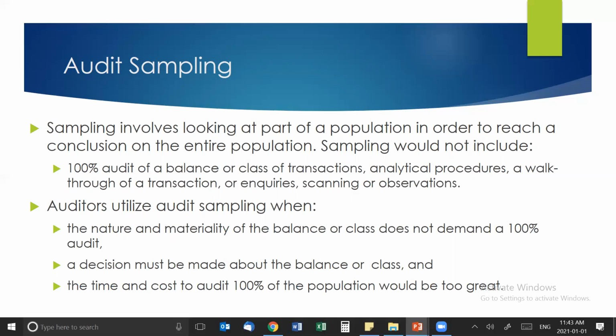Then you could probably audit everything, because you can get away with doing 100%. But there's some other company that has so many revenue items throughout the year that it wouldn't make sense to audit 100%.